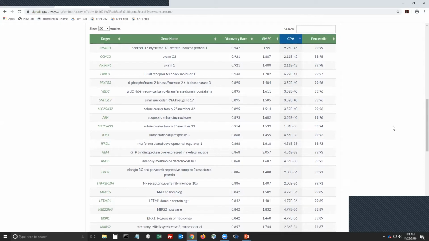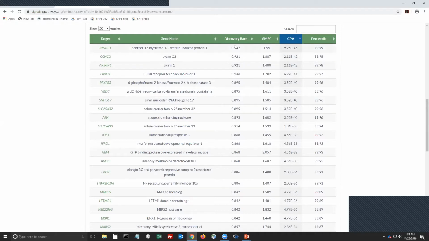Using the example here of this insulin receptor is to rank the genes by strength of their regulatory relationship with nodes in that family. So what you're looking at here on the left are the list of genes that are consistently regulated in insulin receptor interrogated experiments. You see a discovery rate.